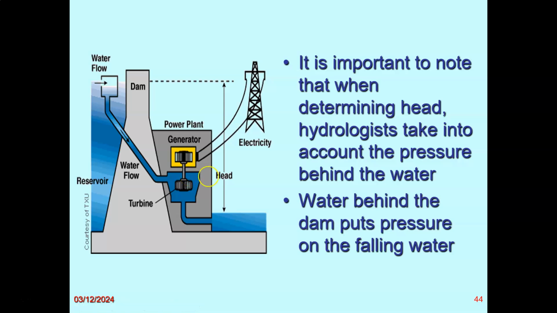The water behind the dam determines the pressure on the falling water, and also the power generated by the system. So the power directly depends on the head, which is indicated here.